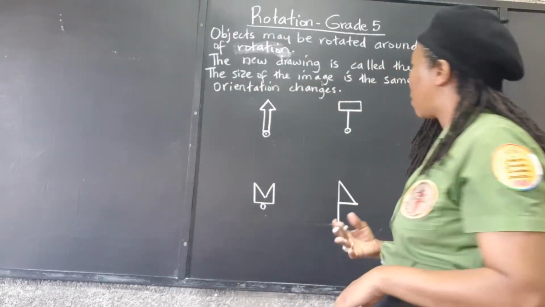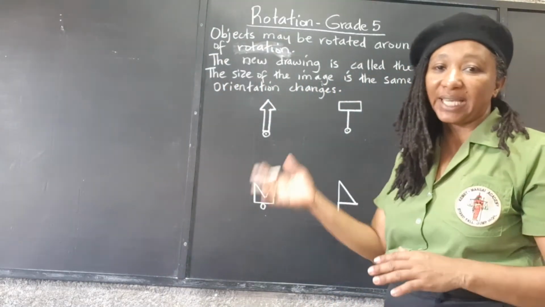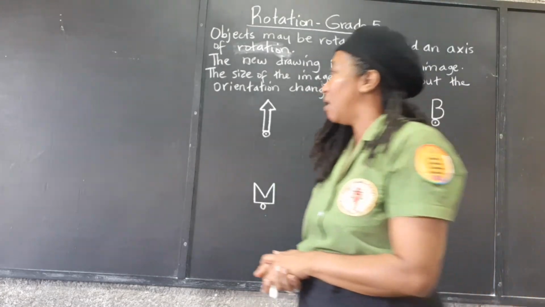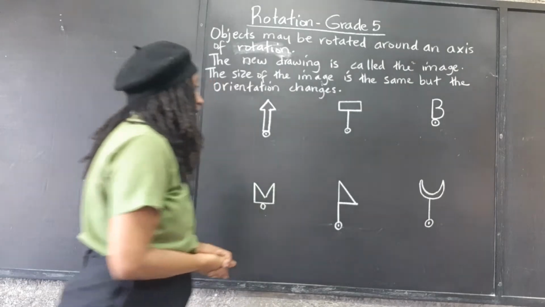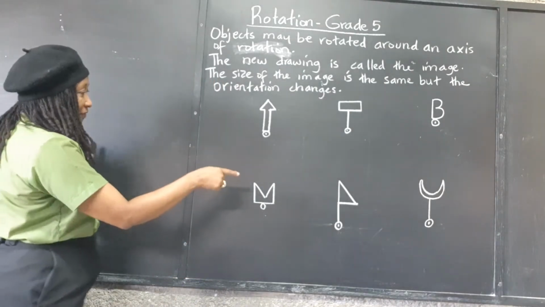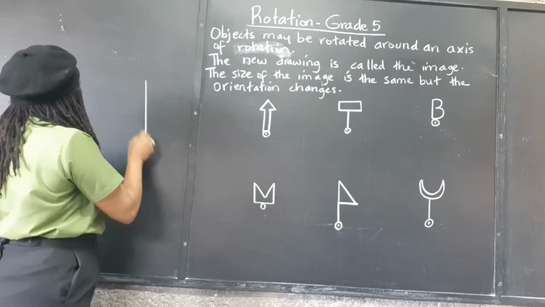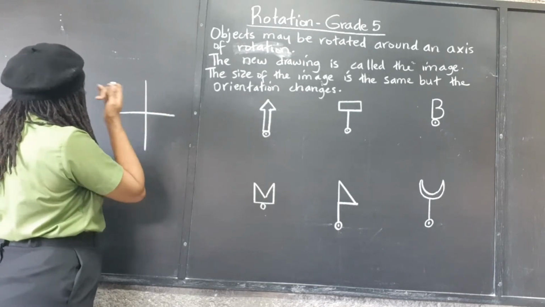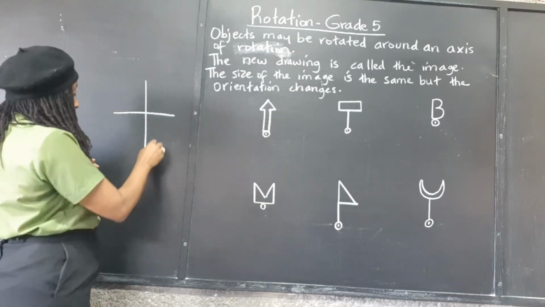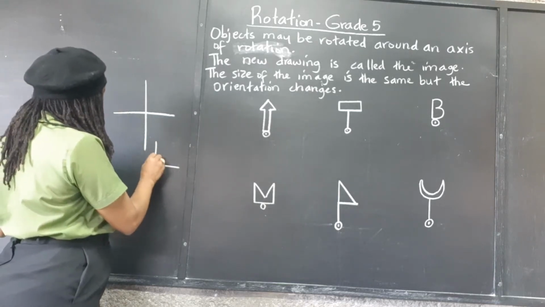And the new drawing, after I rotate it, is called the image. So what I'm going to do is rotate each of these objects. So remember, we have 90 degrees.